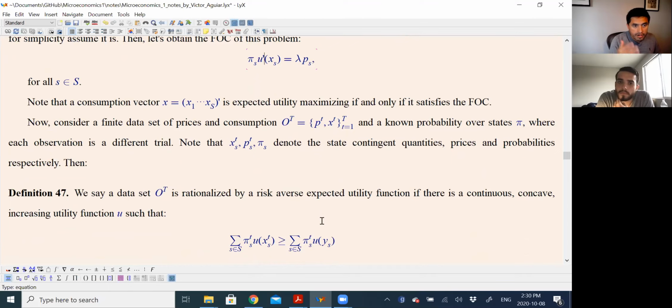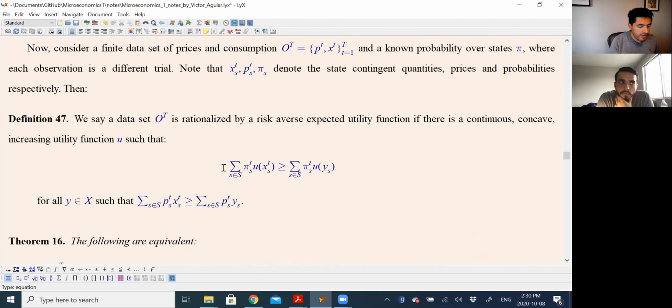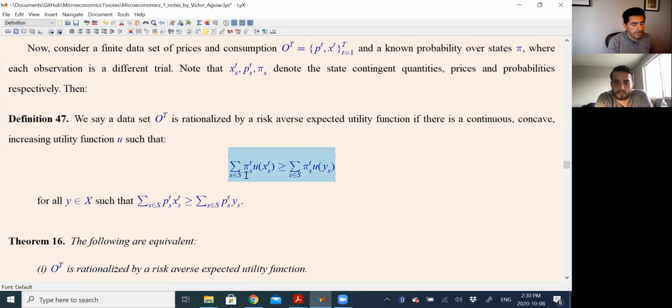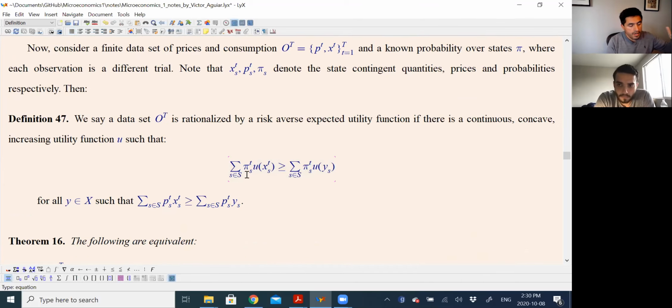And now imagine you have a data set of prices and consumption. These consumption now are Arrow securities. And now we say a data set is rationalized by expected utility maximization whenever there is an expected utility such that the observed X_t^S is always better in utility according to these probabilities than U of Y^S, such that Y is always affordable.